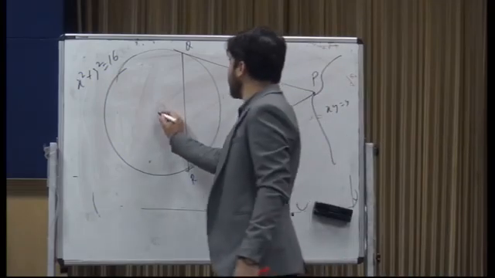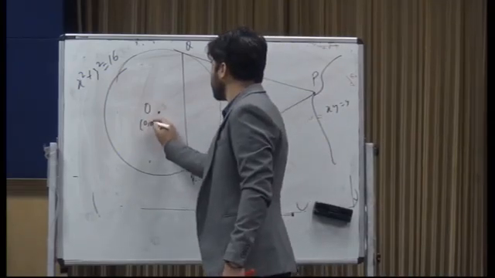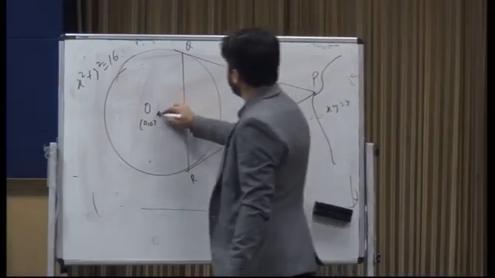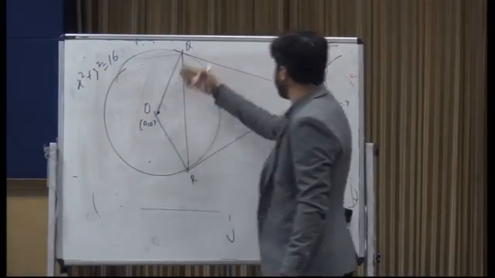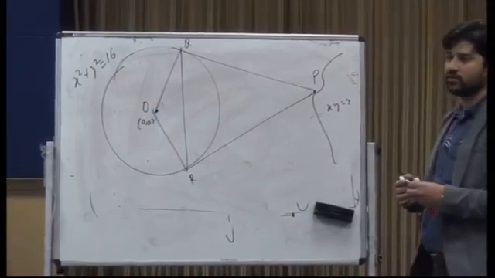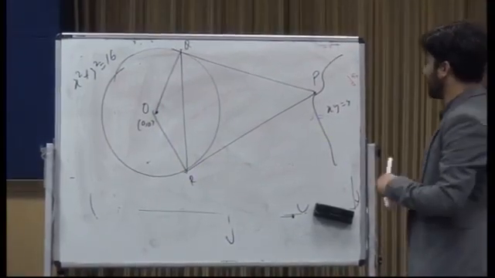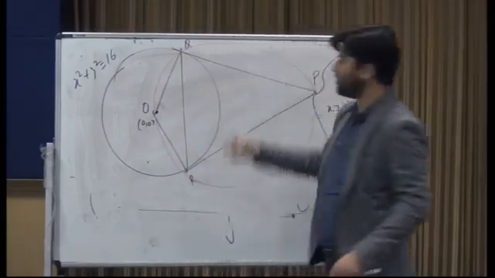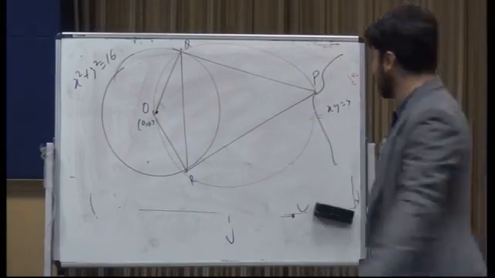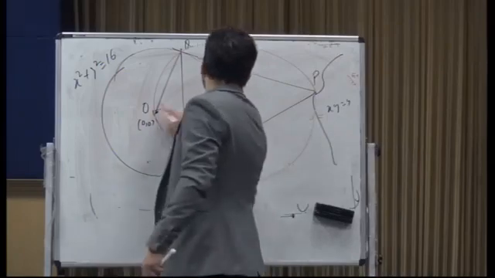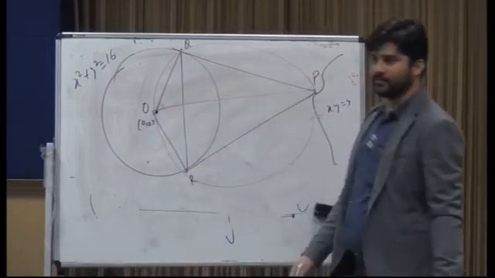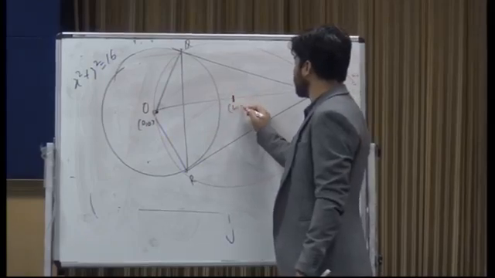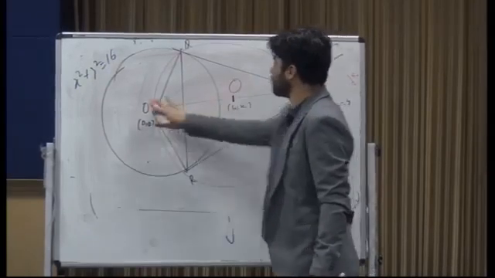Now this is the center O, which is 0, 0. Now you know this guy is cyclic. अभी हमने prove किया था, right? So basically this is your circle, and this is your diameter, and the midpoint is your circumcenter. इसको C बना दो.